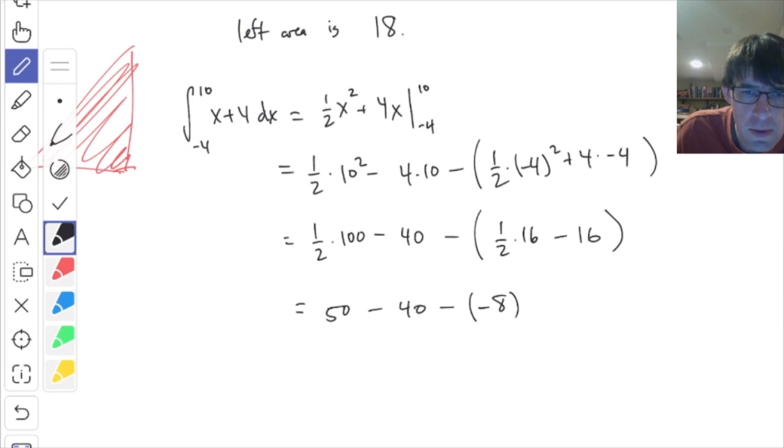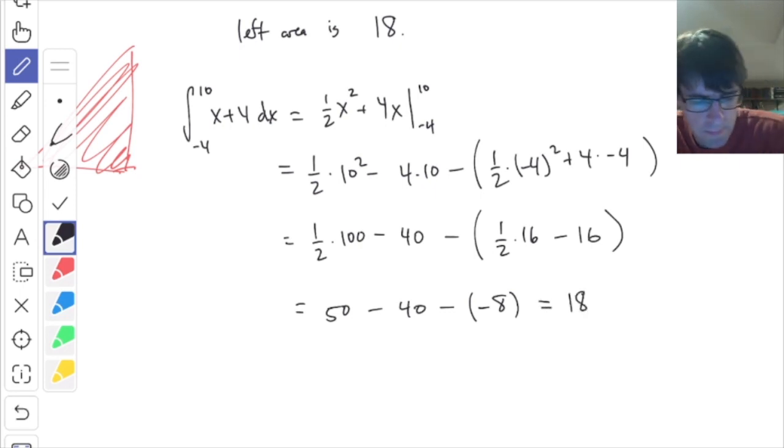I think I did it wrong. Is this one also 18? I was not expecting that. What did I do wrong?